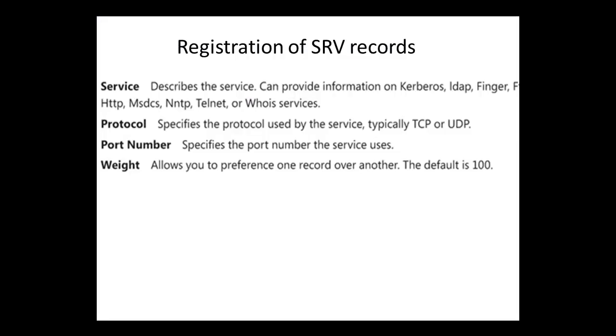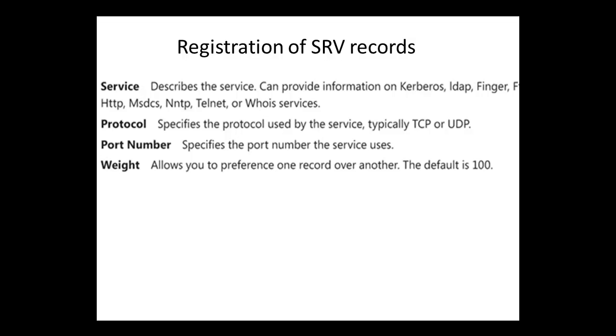Service records, also known as locator records, are a special type of DNS record that allows clients to locate resources using DNS queries.